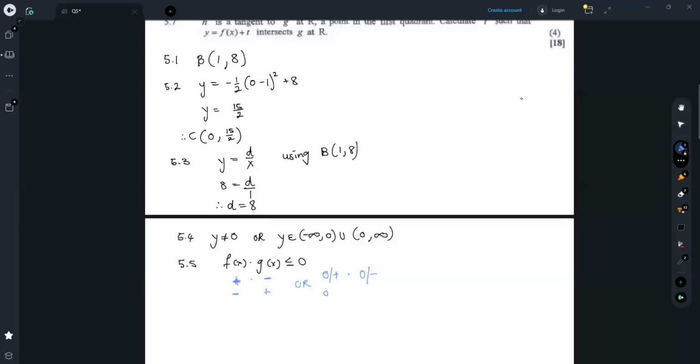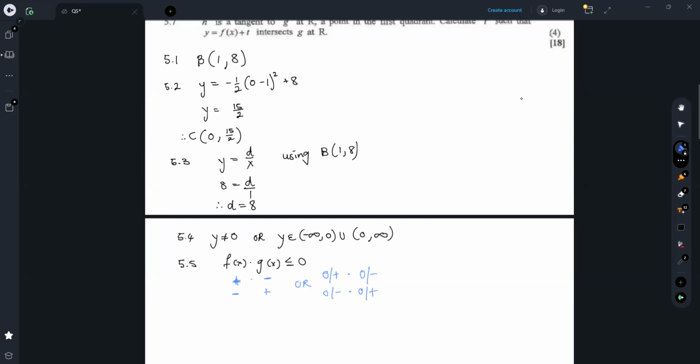Or negative multiplied by 0 or positive. When you say negative multiplied by 0, definitely you're going to get 0. Or when you say 0 multiplied by positive, you're going to get 0. Or in the case where they're both 0, meaning that they share an x-intercept, then 0 multiplied by 0 would give you that 0 as well.